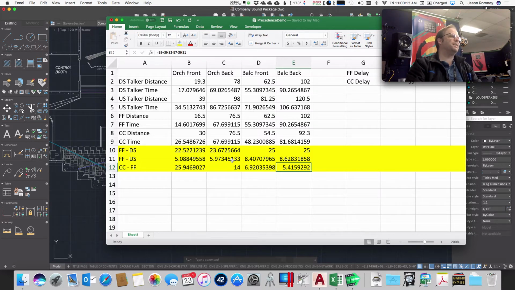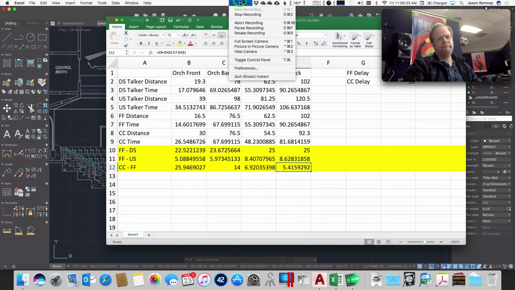Assume that it's in a good place and that it covers well and that you'll get good gain before feedback and all that stuff. Later, you can worry about that after you've looked at just time all by itself. Any other questions? All right.